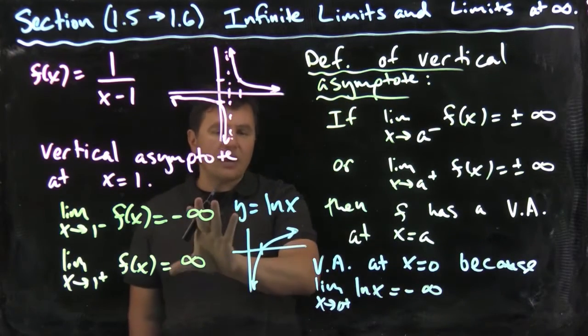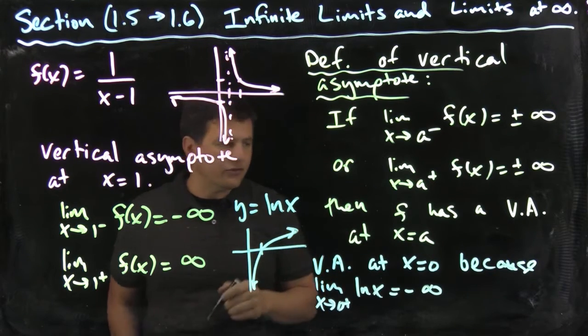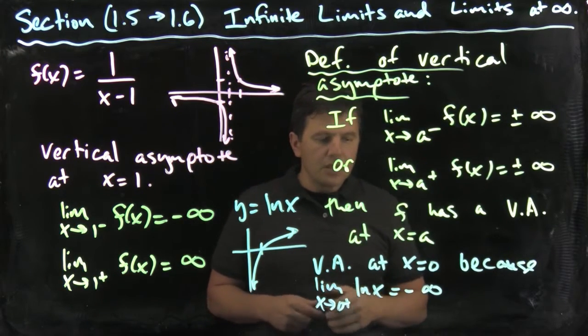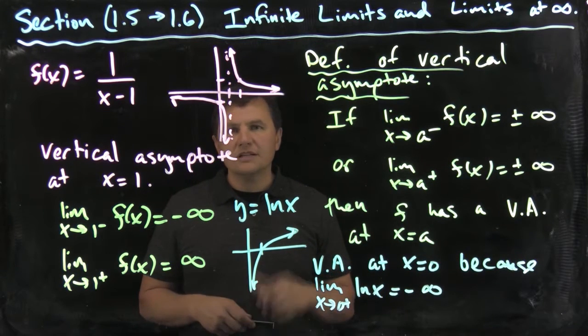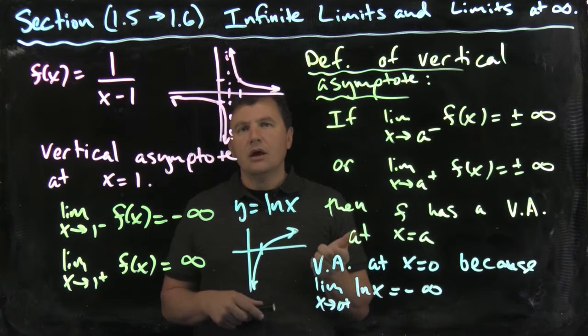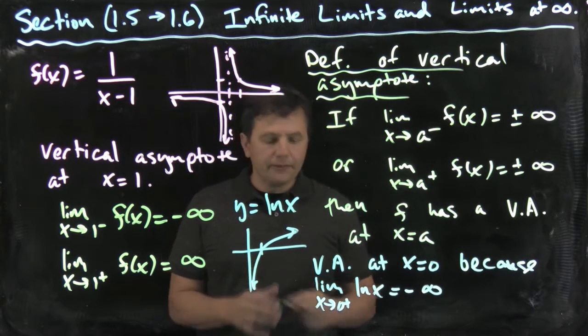It doesn't have anything going on the left, of course, because the domain of ln of x has to be strictly greater than 0, okay? But we just need it on one side, all right? Let's talk about the difference between holes and vertical asymptotes when we look at things algebraically.